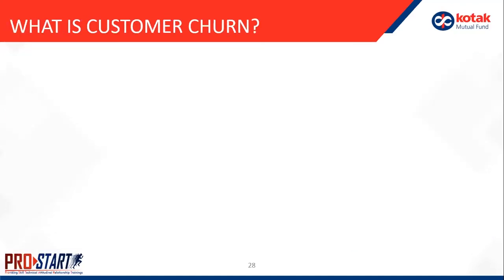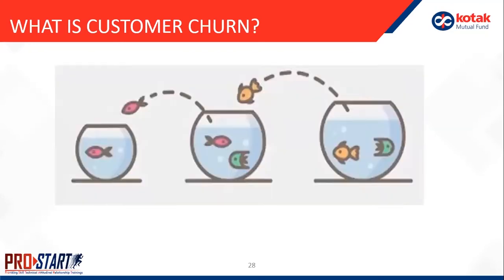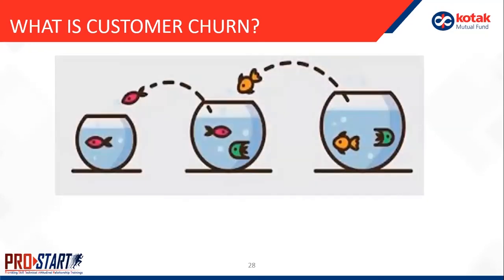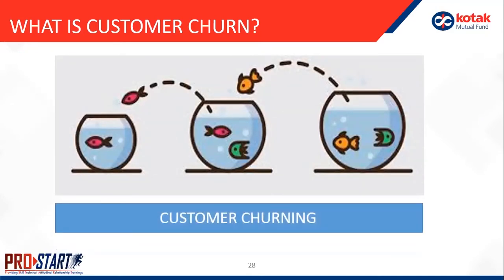Let us see what is customer churn. Well, if you see this picture, it clearly indicates that when a client moves out from your database due to any reason, it is like he's creating a hole in your pocket. And this is known as customer churning, because the investor keeps moving from one advisor to another advisor.